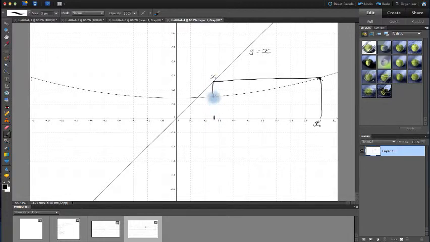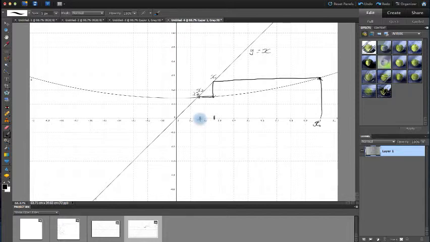So then from there we'll repeat, go directly horizontally across, and then down again. So this value here is our x2 value right there. And then repeat that process again, and it'll be very, very similar. x3 is that value there. So you can see that as we repeat this process, we get closer and closer and closer to this value here.